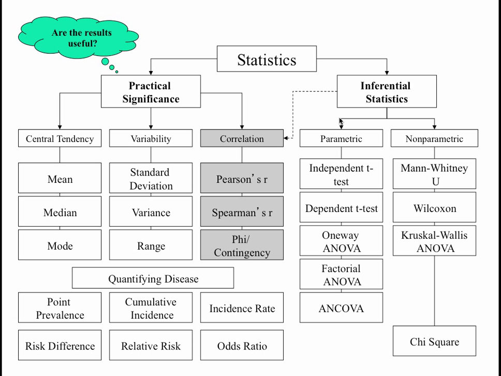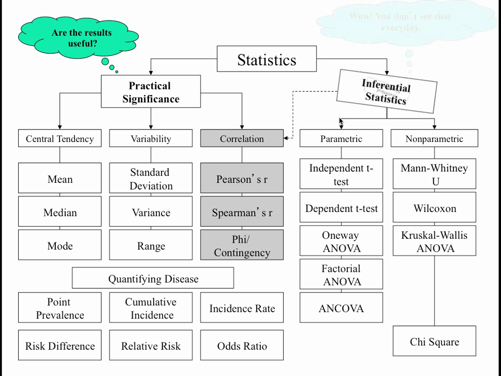Other things that are more specific to health science fields would be issues such as incidence rates, point prevalence statistics, cumulative incidence, and so forth. All of those statistics would also be classified under the descriptive side, basically because they're numerical values that are trying to explain what's happening right now.